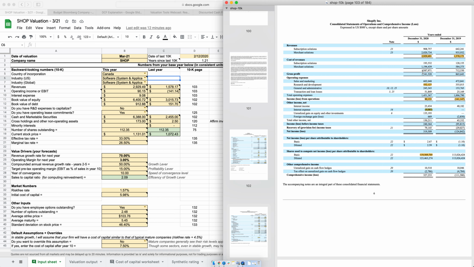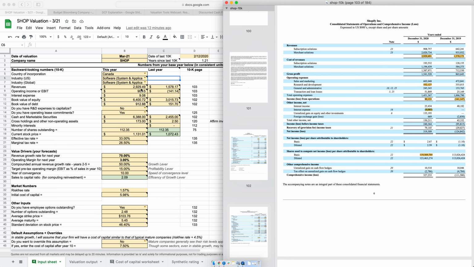So, okay, we want the data from this year and last year. In this case, they read out 2.9 million times 1,000. So basically what I did is I just chopped off the last three digits, or I moved the decimal three digits in.